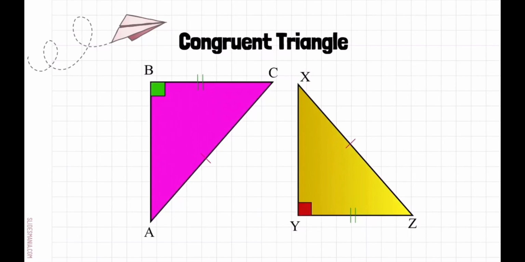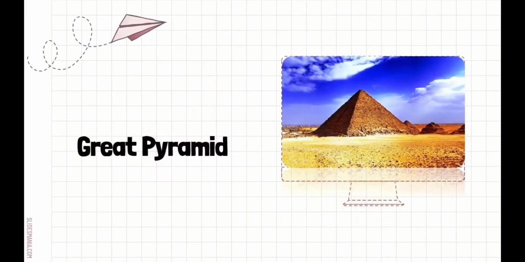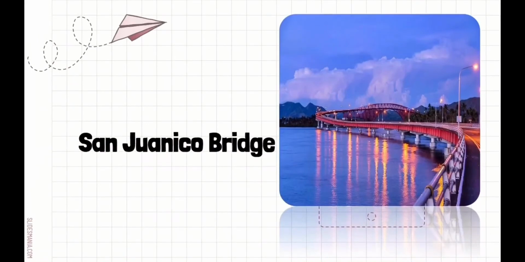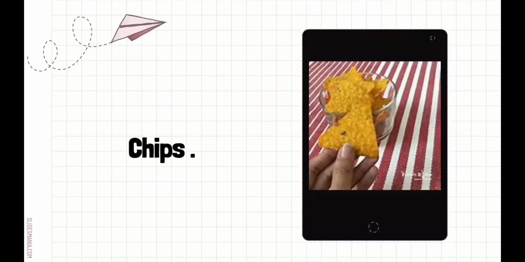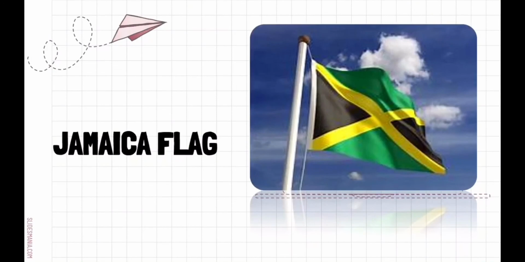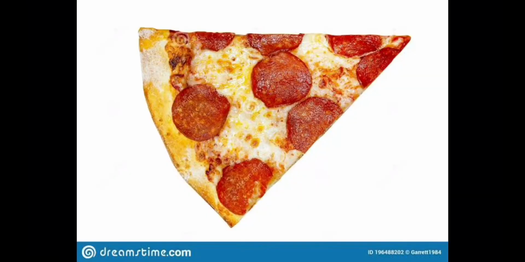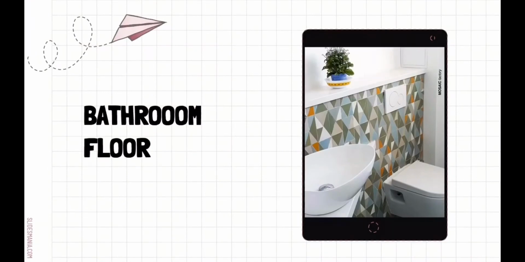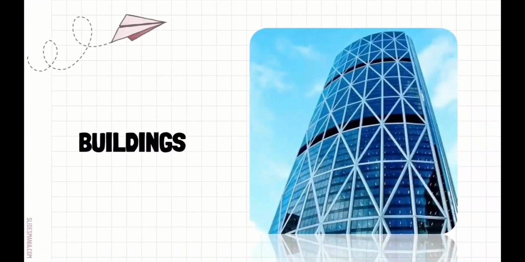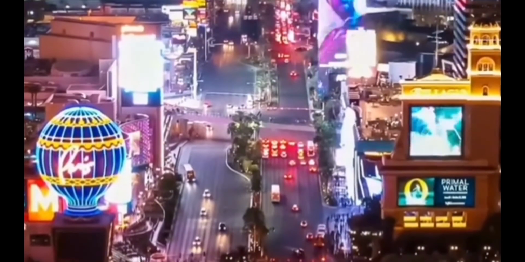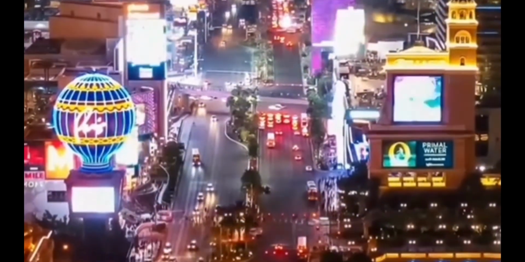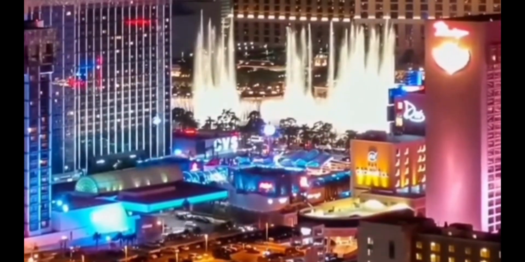The congruent triangles of the Great Pyramid, the road sign, the San Juanico Bridge, chips, the Jamaican flag. A slice of pizza is also congruent. Even the triangles on your bathroom floor, the buildings, and the list goes on and on. We can find them everywhere. Just take a look around you and see if you can spot some congruent triangles.